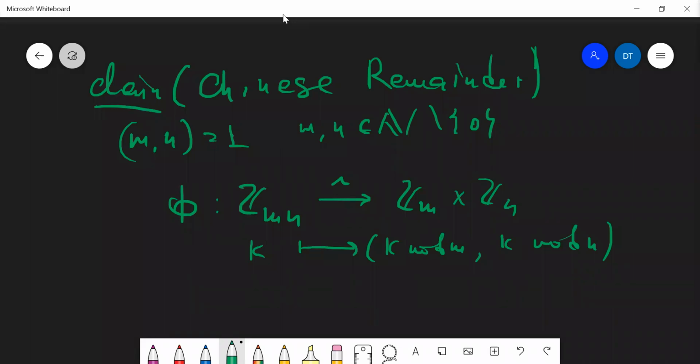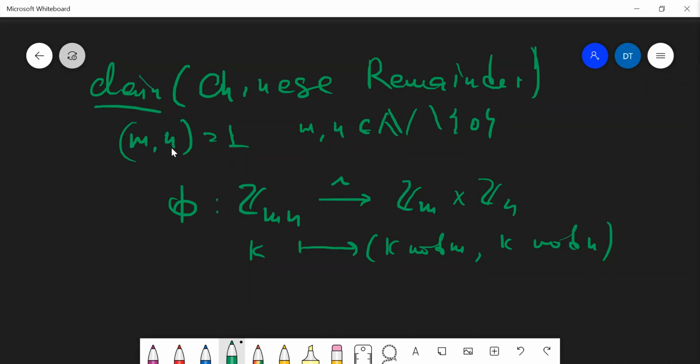Are there any questions regarding the claim of the theorem? Okay, let me show you how to prove the result. Wait, could you just repeat it again? Okay, so we have two groups, Z_MN, which is a cyclic group of remainders modulo MN, and a direct product of Z_M and Z_N, which is just a set of pairs where the first element is a remainder modulo M and the second element is a remainder modulo N. So elements here are just pairs.